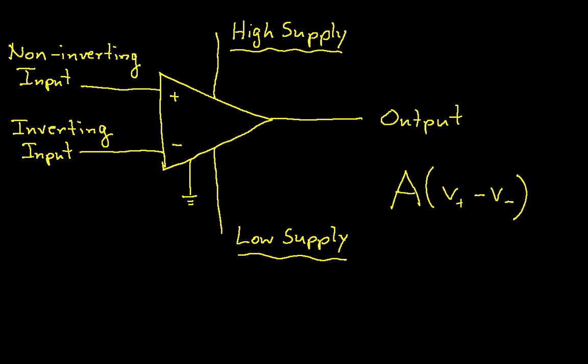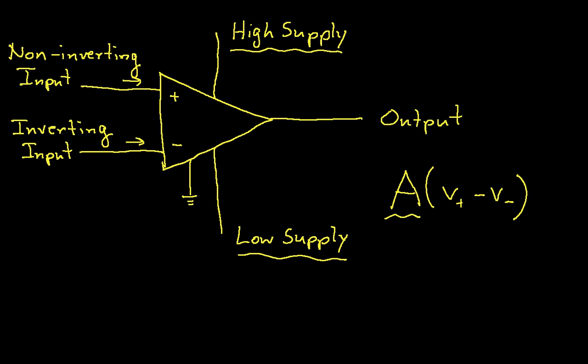Now, op-amps typically have what we call very high input impedance, so the current going into each of these nodes or out of each of these nodes is very low. The gains are usually pretty big, typically somewhere between about 1,000 and 100,000.